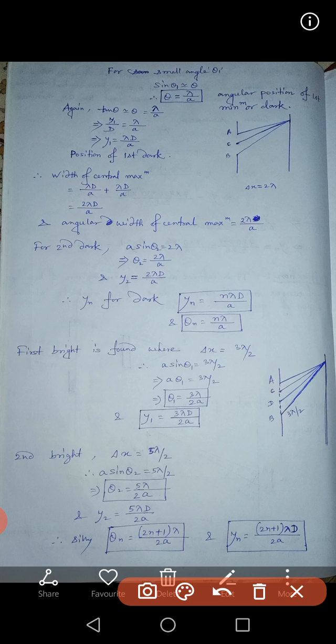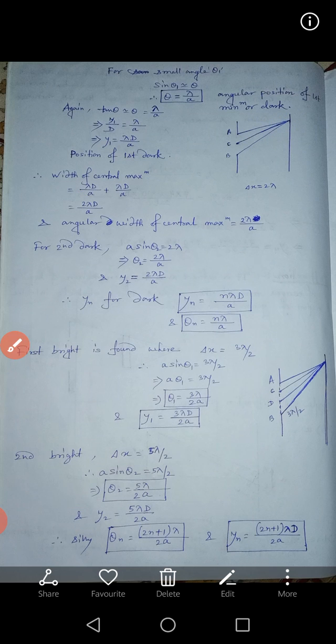Now I told you that the second minimum will be formed if the path difference between the first wave and the second wave, meaning the extreme two waves, is 2 lambda. And why it is so, we will discuss in the next video.